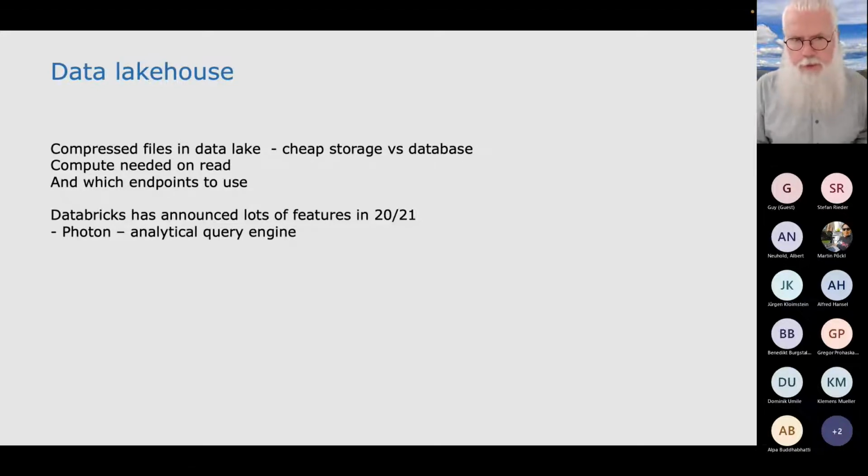You have Photon, which is an analytical query engine, which allows you to do a lot of typical data warehousing kind of queries faster than your vanilla Spark. So Photon is great for analytical queries such as sums, aggregations, group by kind of queries.